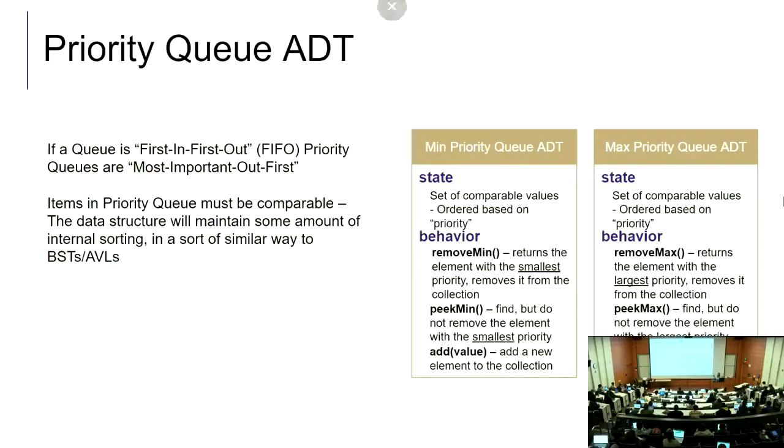Now, here is the thing. When I say priority, sometimes that could mean the smallest thing in the queue, or that could mean the largest thing in the queue. The reason I say smallest or largest is because we're ordering things in the queue by using the compareTo method.